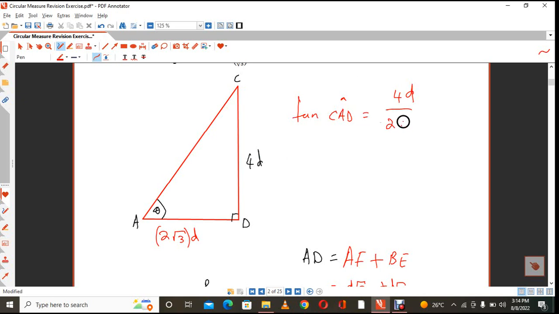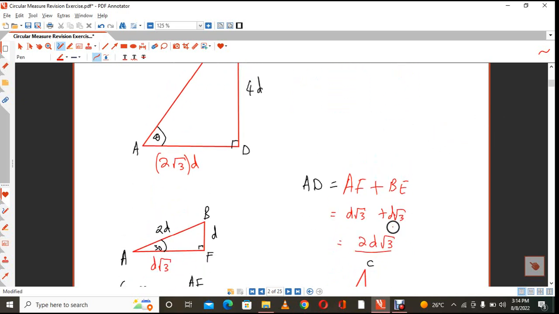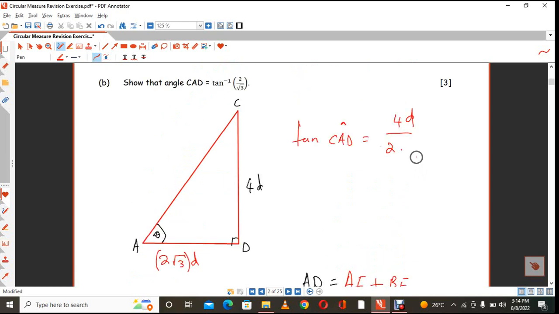I just want to make sure of something here. Let's come back here. It's going to be 4D over 2D root 3 multiplied by D.